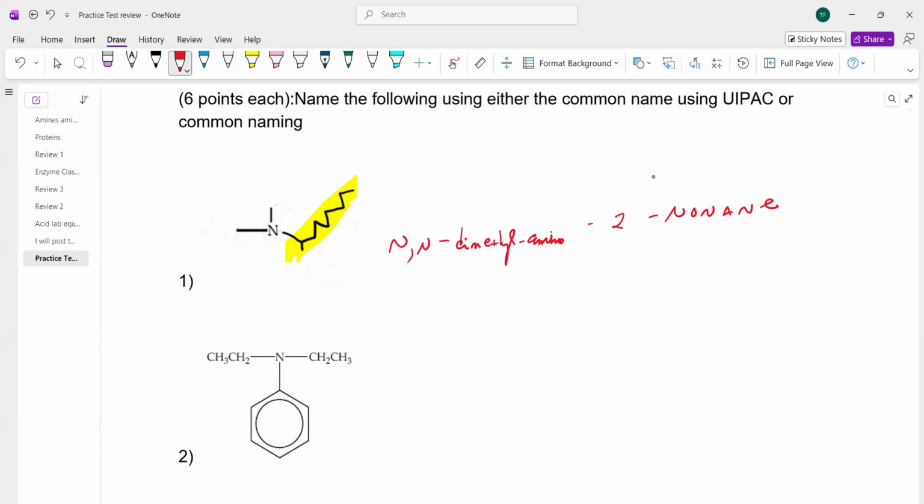Okay, this is based on aniline. So this is going to be an N,N-diethylaniline. Okay.